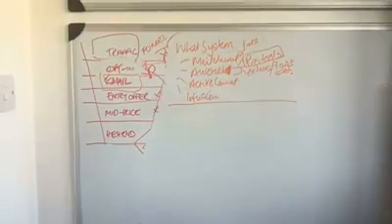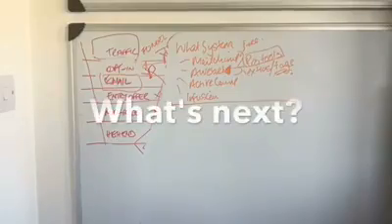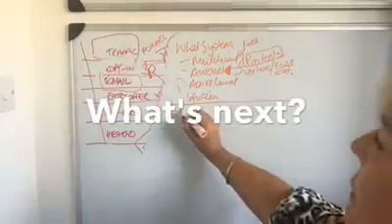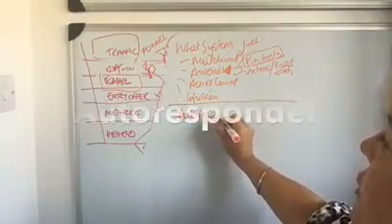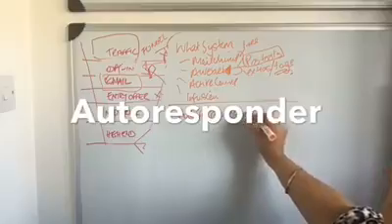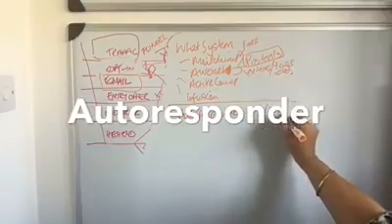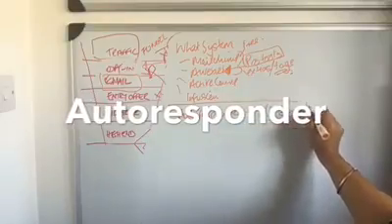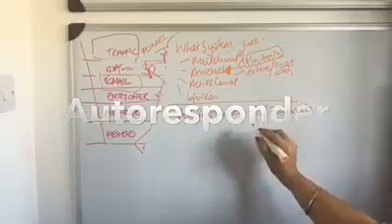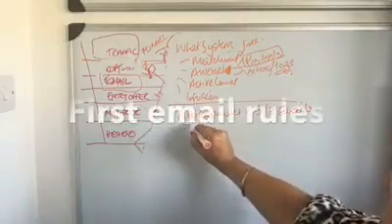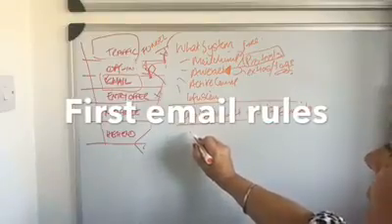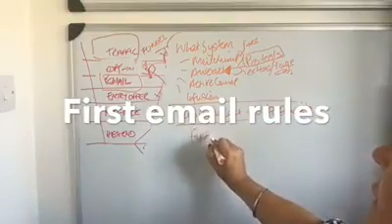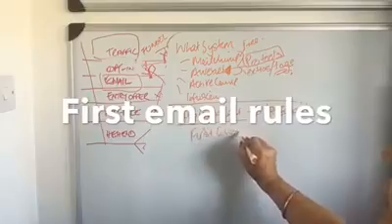Once we've decided the system we're going to use and they've opted in, what's next? The first thing most people create is something called an autoresponder. And this is normally a series of 5 to 7 emails that will go out automatically to anyone who's opted into your list. Now, with your autoresponder, one of the primary things to remember is your first email is the most opened.